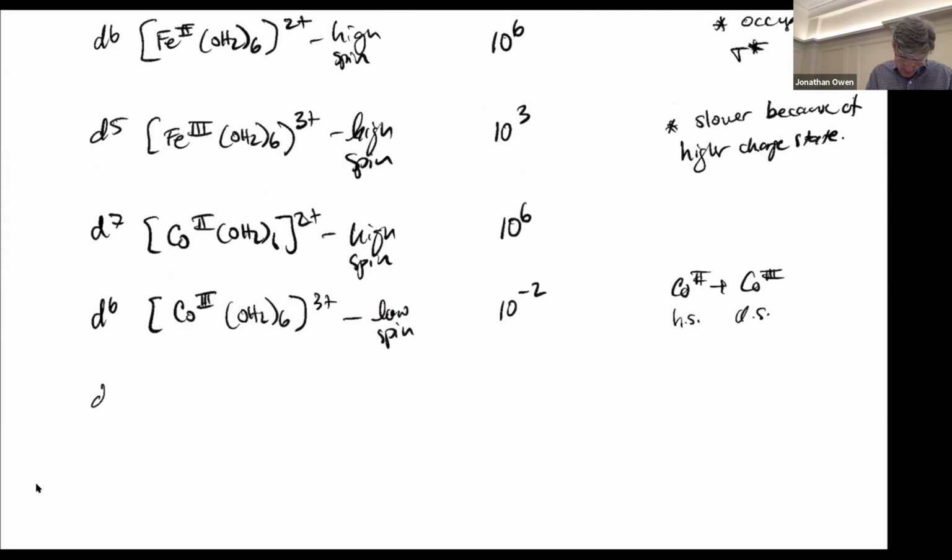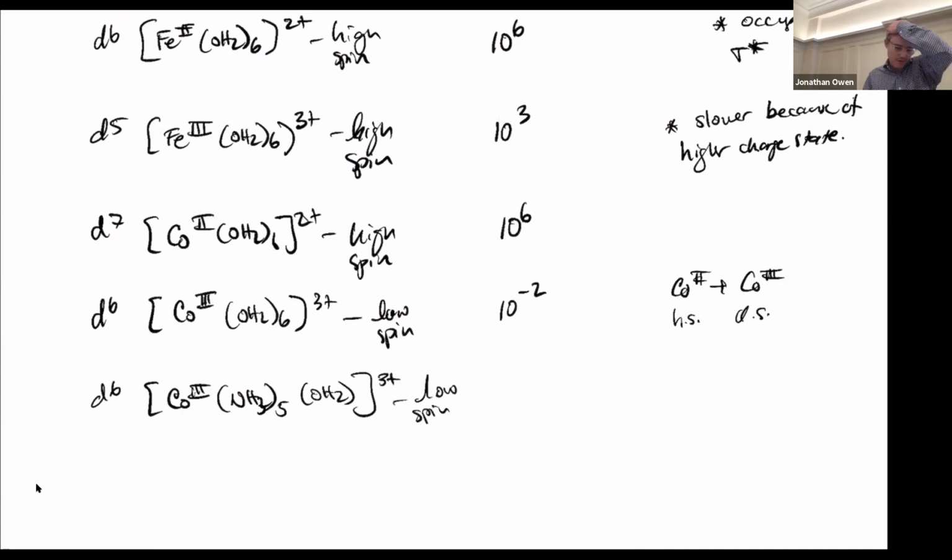Let's take a look at another cobalt 3 ion. This time we're going to put in some ammonia ligands, 5 of them. So we're still cobalt 3 plus, but now we have ammonias instead of waters. What is that going to do?